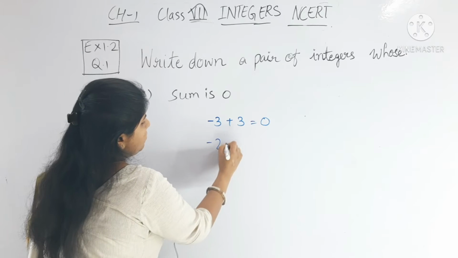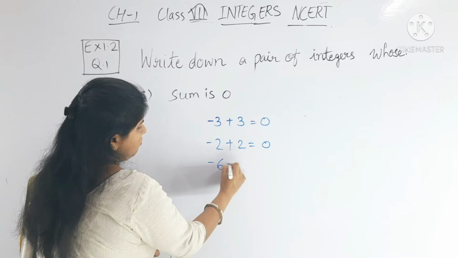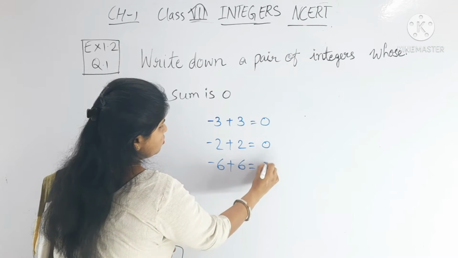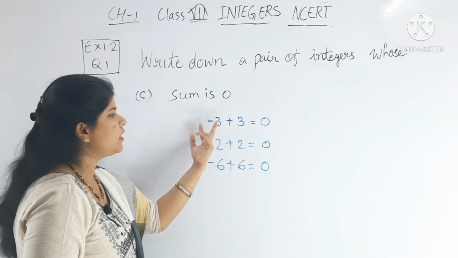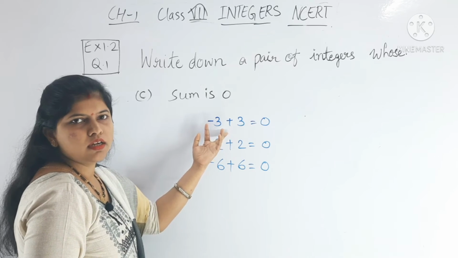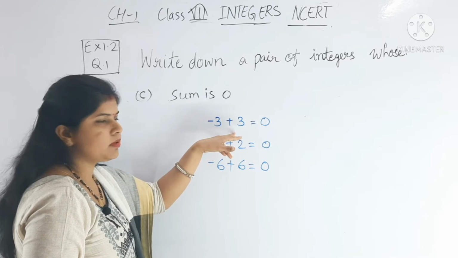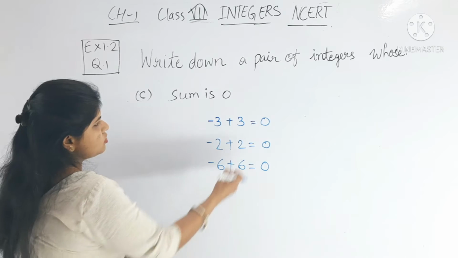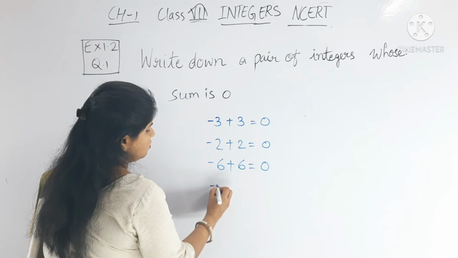Maybe minus 2 plus 2, it will come 0. Maybe minus 6 plus 6 equal to 0. So the same number but with different signs, one negative integer and another positive integer. So your sum, the result will be 0.